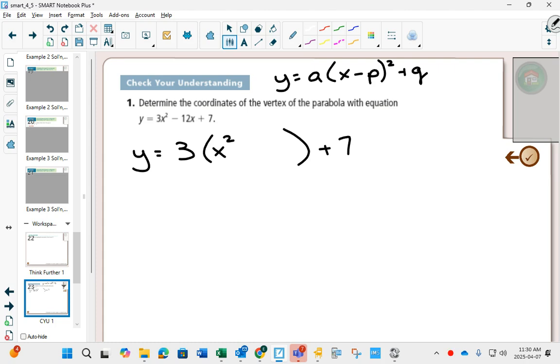You're always going to factor out the a value, and it will always leave you with x squared. If you take the 3 out of the minus 12, can you see that you would have minus 4? So step 1, factor that out. Step 2, leave your spaces. And then complete the square. That minus 4 is the hint. It's always going to be half, so it's going to be minus 2.